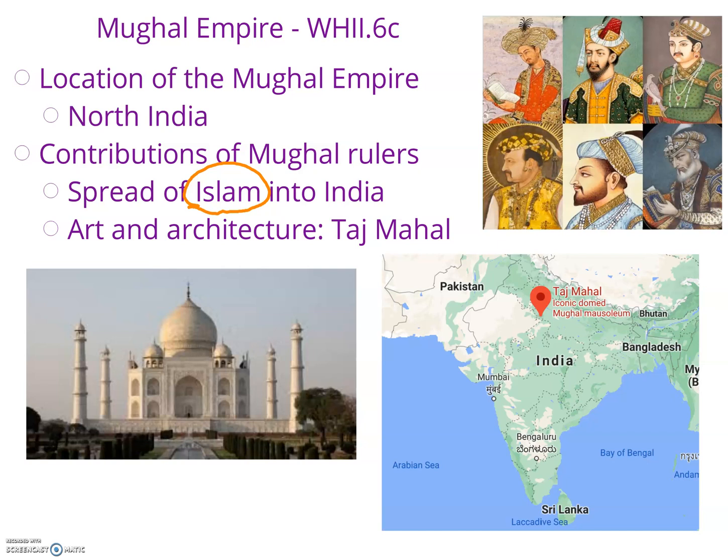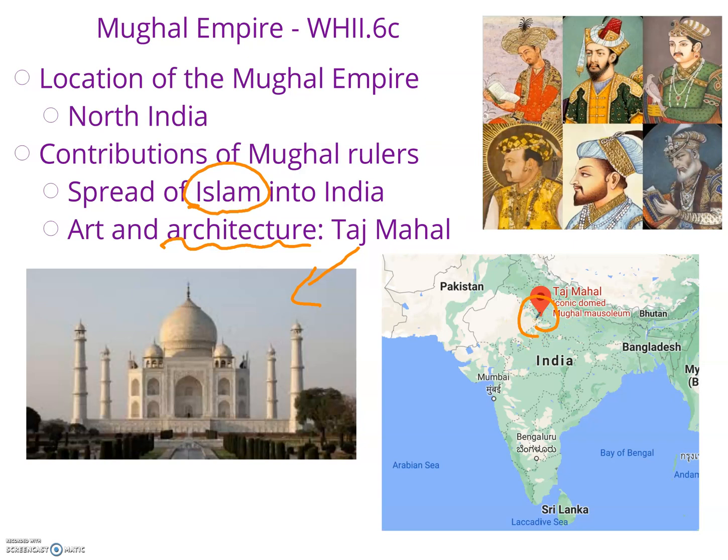But the Mughals are responsible for spreading Islam, and one of the major accomplishments that they are known for as conquerors is the architecture that develops. In particular, this is the Taj Mahal. The Taj Mahal is a beautiful marble building. It's massive, and it's located here in Agra, in northern India, which would make sense because that's where the Mughals live.